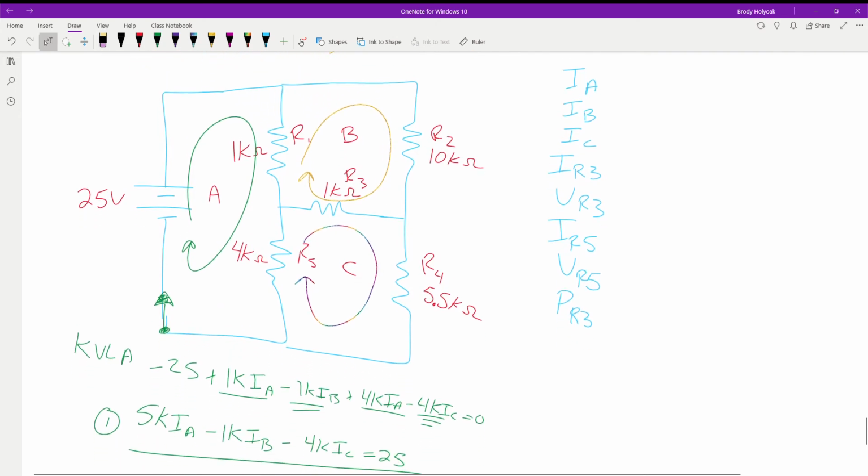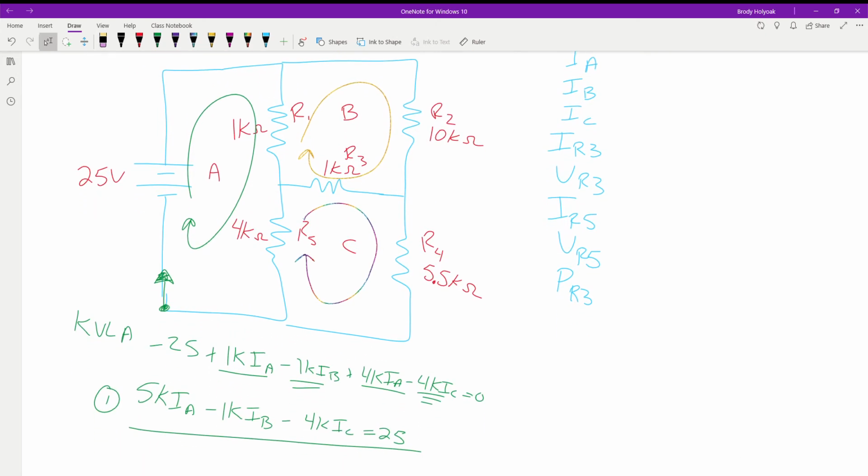So now we're going to switch over to equation B. So Kirchhoff's voltage loop for B. Start here, go that direction. First thing we run into is R1. So we have 1KIB minus the 1KIA. Then we come around, we come to R2.